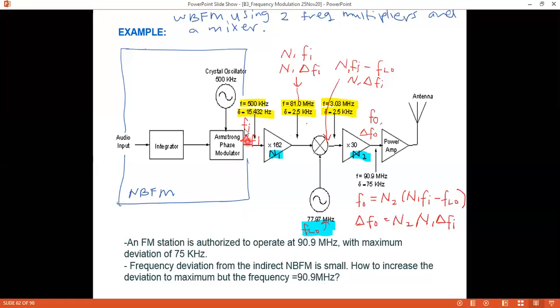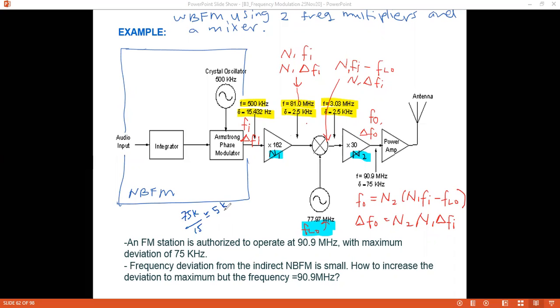But the operating frequency that we want is 90.9 megahertz. If we use a multiplier directly to increase the frequency deviation from 15 hertz to 75 kilohertz, the factor is 5K, right? 75K divided by 15 hertz is equal to 5K.